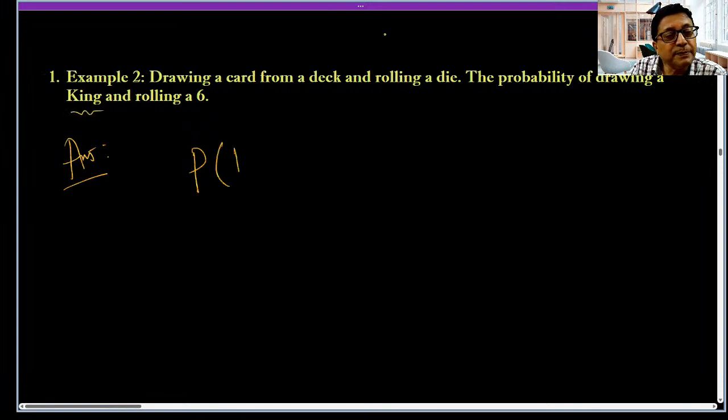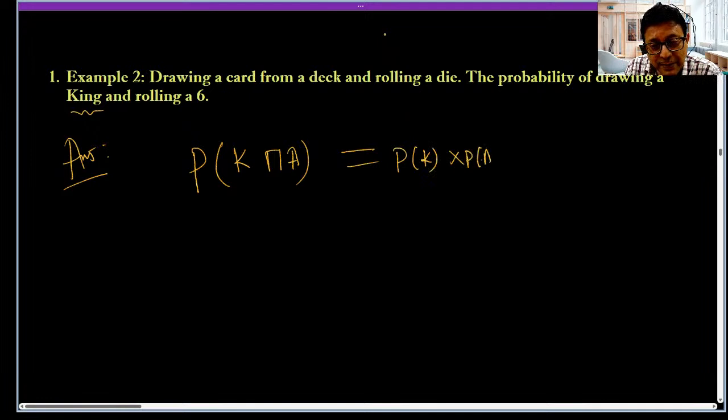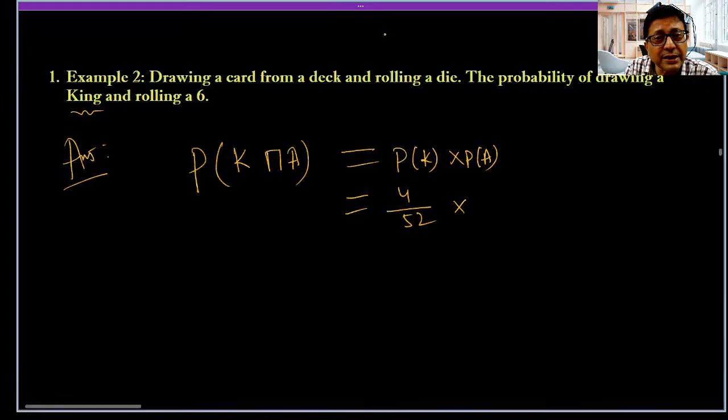Drawing a king, that is P(K), and rolling a 6, that I am denoting by A. So this thing will be P(K) multiplied by P(A). King, what's the probability there? Drawing a king, probability will be 4 by 52. And yes, they are independent events, no?